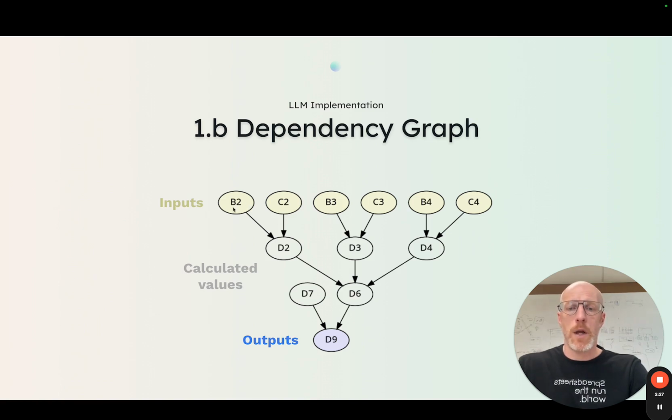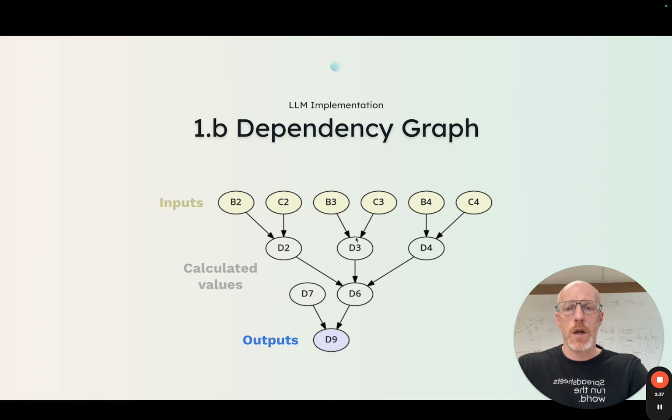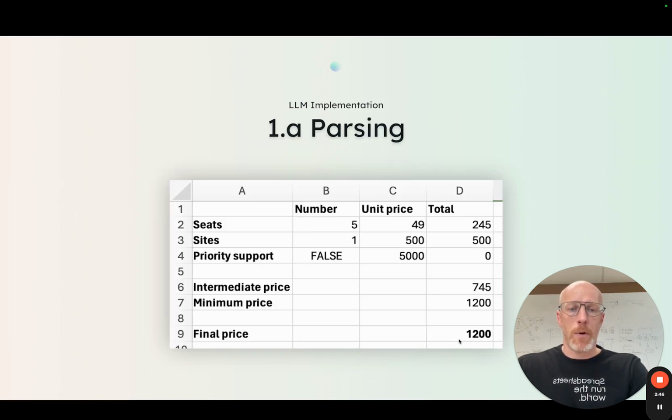So in this case, we identify the inputs, B2 to C4. It's essentially these 6 cells that are the inputs. They are the ones that drive the calculations. Then you have some intermediate calculated values, and finally you have an output in cell D9, which makes sense. That's the final price down here.